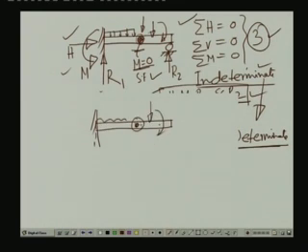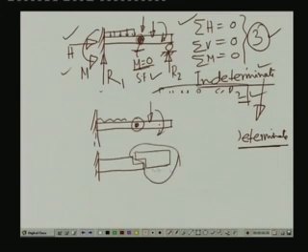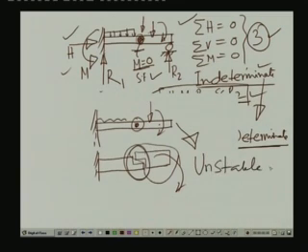Now, if we have articulation in the beam, that means we have the beam again in the same form as we were discussing, that you have a fixed end here and this particular part is like this. Now, since this particular part does not have any support, when it is subjected to the loading, it will topple because it cannot resist any moment over here. So, a determinate beam becomes unstable when an articulation is provided in a determinate system. So, this is the impact of the articulation.